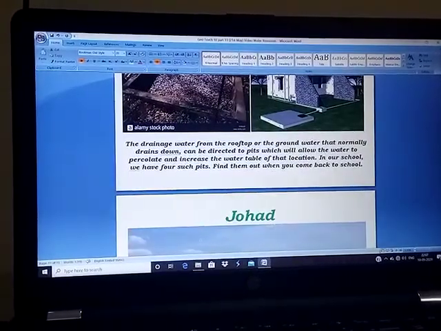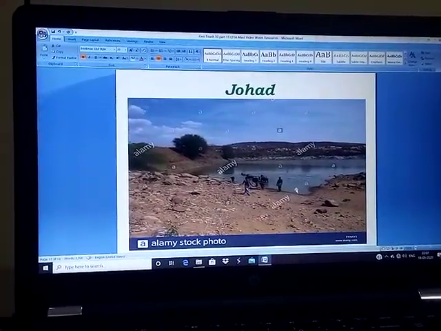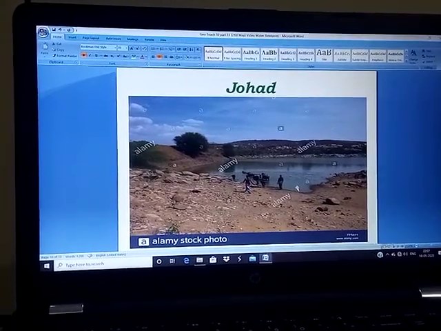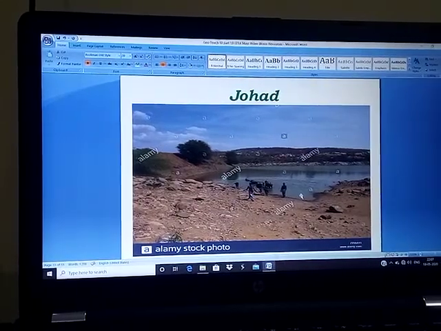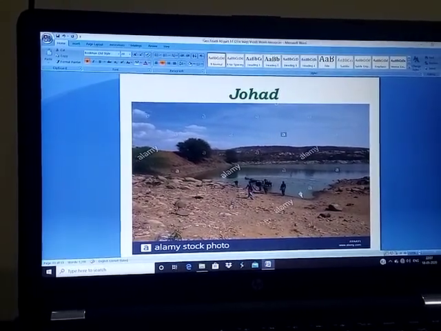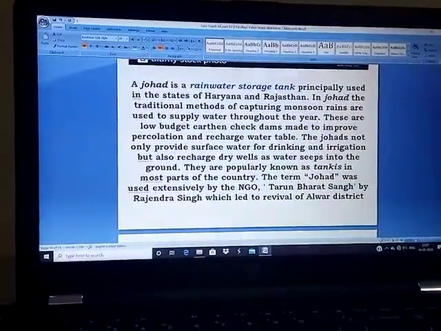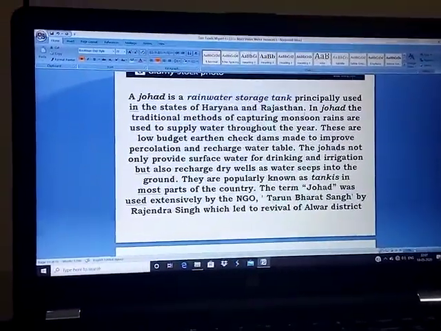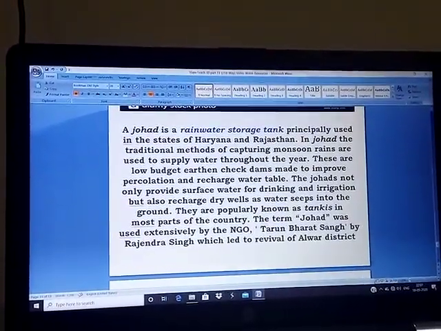And with this, dear children, we come to another very big natural way of water harvesting called Johad. It is mostly done in Rajasthan and Haryana. Now what is a Johad? A Johad is a rainwater storage tank principally used in the states of Haryana and Rajasthan.